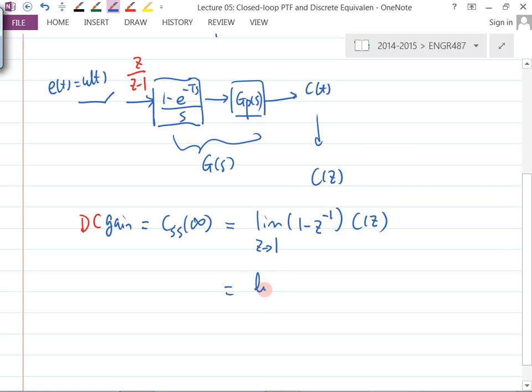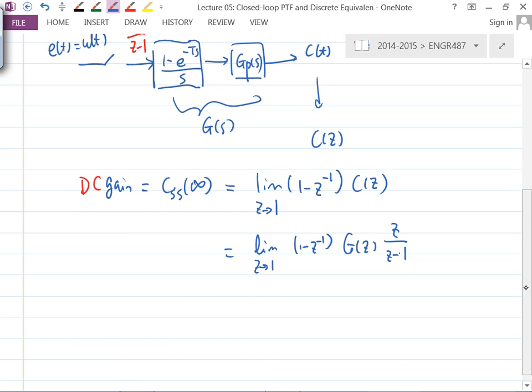G of Z is the Z transform of these two blocks, times the step input. Now let's simplify this a little bit.